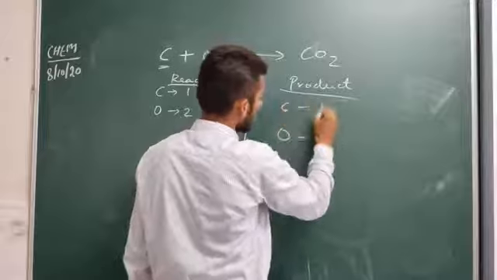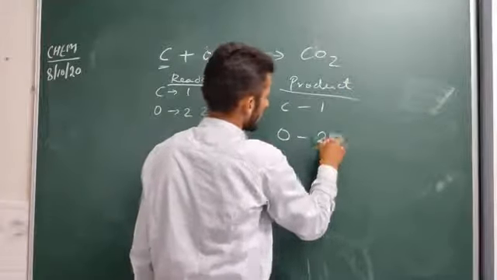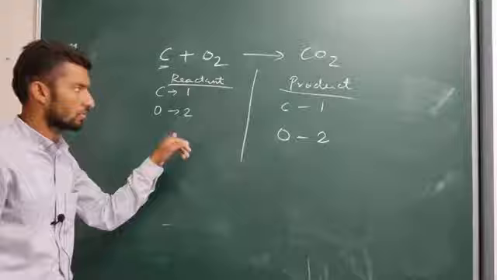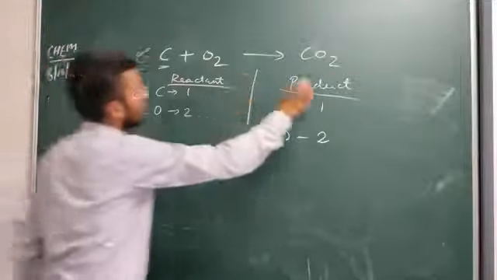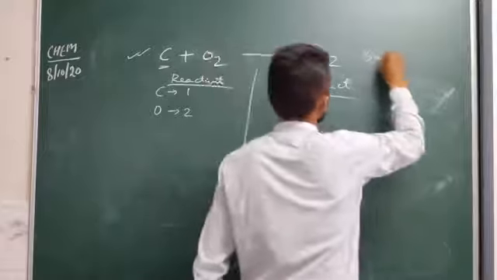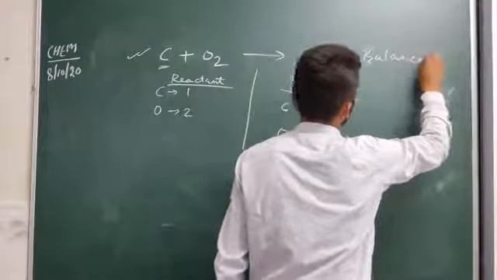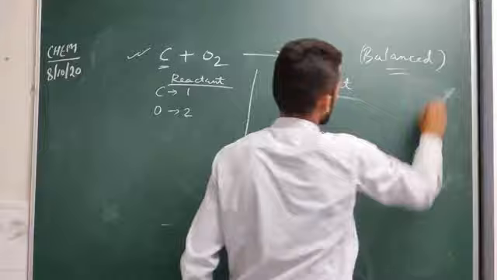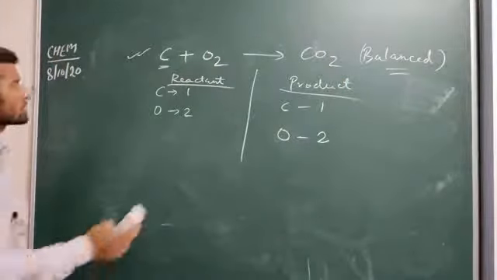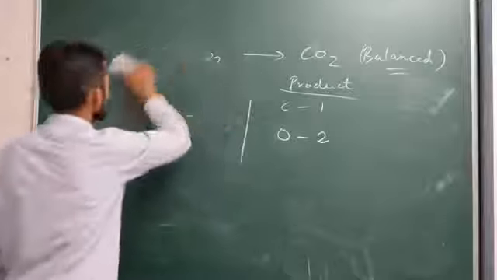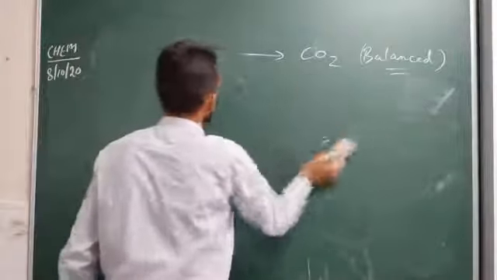So carbon 1 here and oxygen how many? 2 here. So 1 and 1, 2 and 2. So balanced. It means this equation is a balanced chemical equation. Clear? Many examples are there that we will discuss one by one.